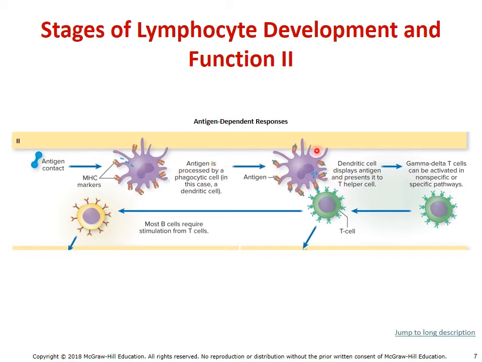So what happens then is the dendritic cell can present the antigen to other cells like B and T cells. So notice in this example we have the dendritic cell, the specialized macrophage, presenting the antigen of something bad to the T cell. And in this set, this is a T helper cell, which then can go help activate other parts of immunity, including B cells.